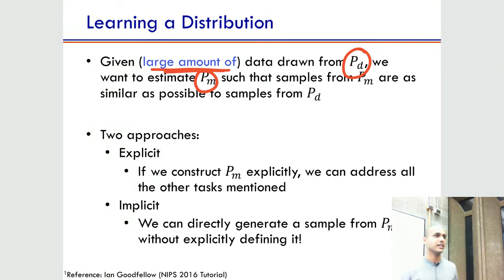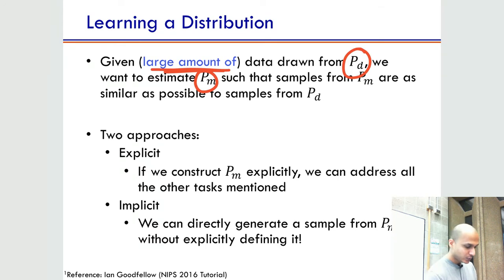We can try to estimate a distribution P subscript M such that samples from P subscript M and P subscript D are as similar to each other as possible. So if P subscript D was actually a Gaussian, hopefully from the data you have constructed the mean and the variance of that Gaussian, so that now you know the distribution completely and you get new samples. They are essentially the same. Whether you sample from P subscript D or P subscript M is the same, right?